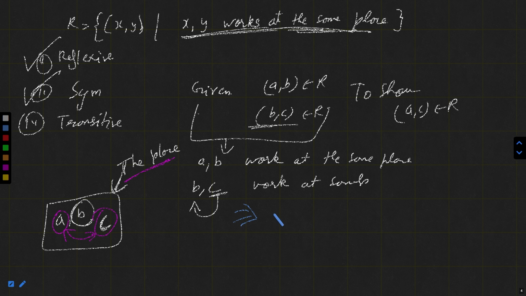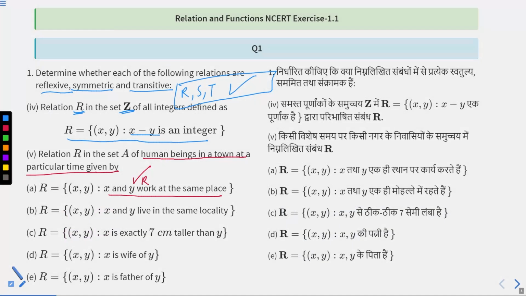This implies that a and c also work at the same place, so (a, c) belongs to R. By simple logical reasoning, it is also transitive. So this is reflexive as well as symmetric as well as transitive. I hope this is quite clear to you.